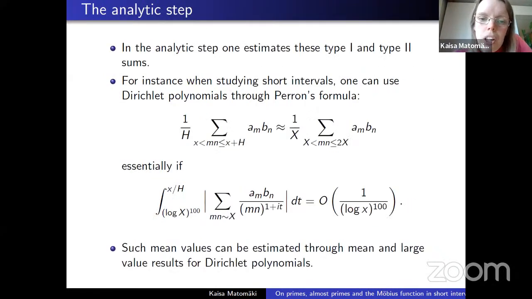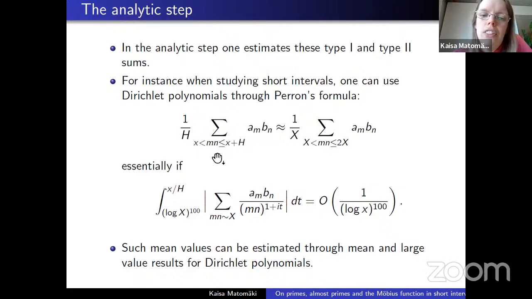It seems I don't have it on my slides. I should have put it here. But in this case, we have a type 1 sum, then there is no coefficient like b_n here. It's just 1 in place of b_n for type 1 sums.